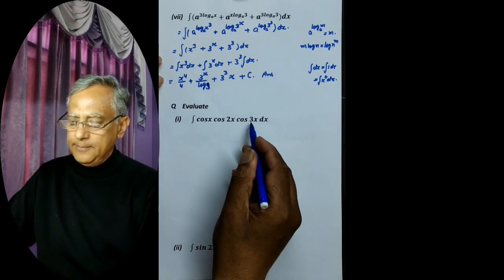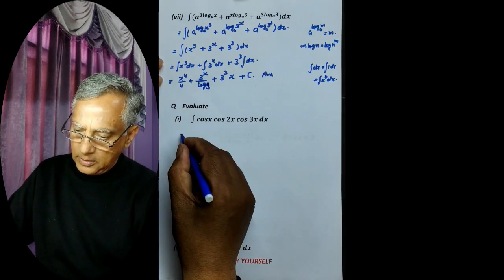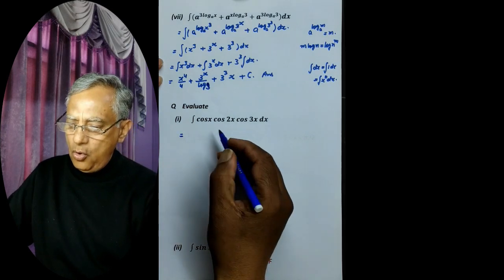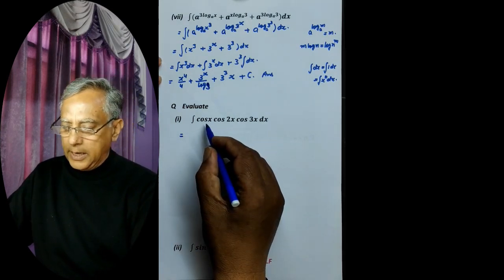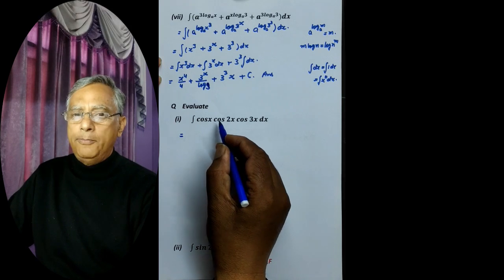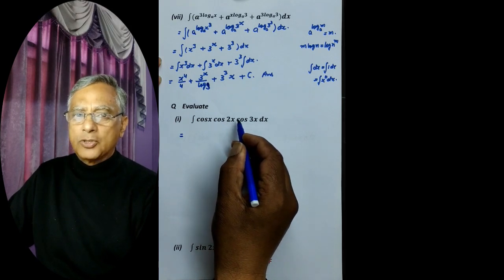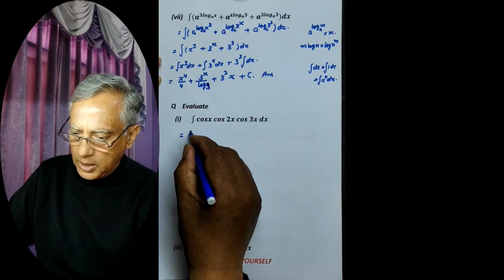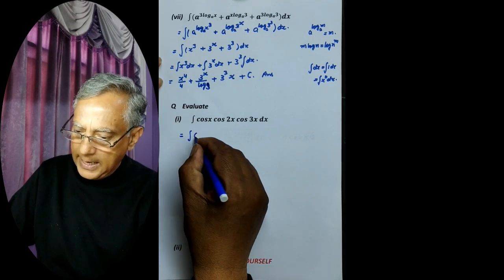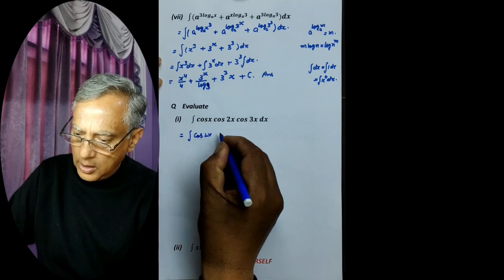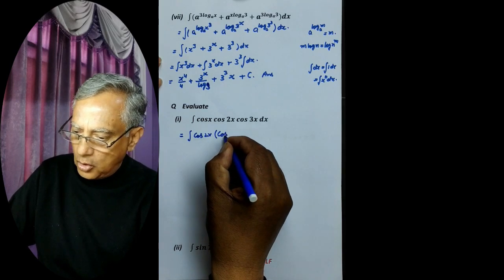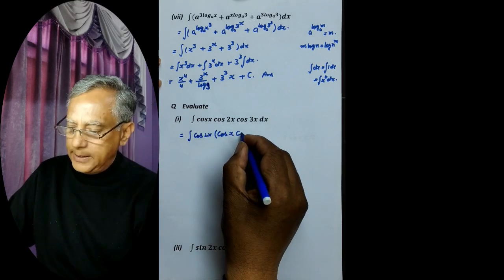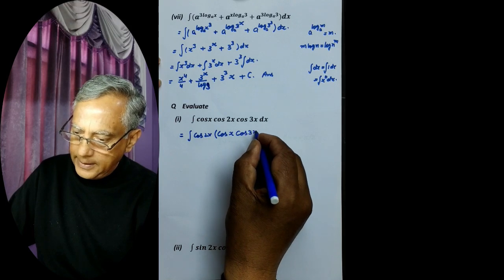Now next is this. Now we know that 2 cos a into cos b is cos a plus b plus cos a minus b. So we will use this formula. We will first write this as cos 2x into cos of x into cos of 3x.